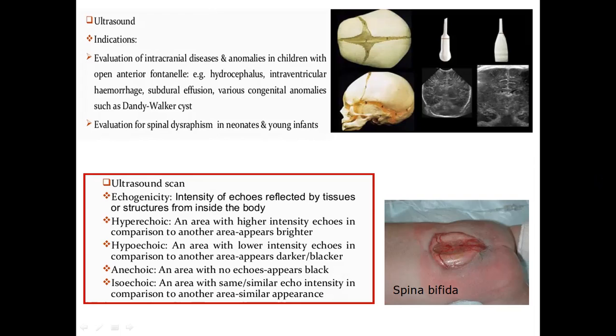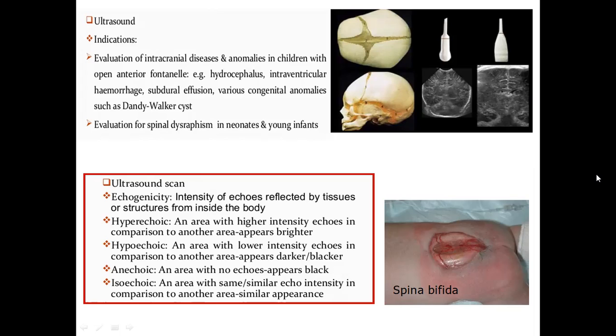Indications for ultrasound in evaluation of central nervous system problems are, first of all, evaluation of intracranial diseases and anomalies in children with open anterior fontanelle, such as hydrocephalus, intraventricular hemorrhage, subdural effusion, various congenital anomalies, and evaluation for spinal dysraphism in neonates and young infants.